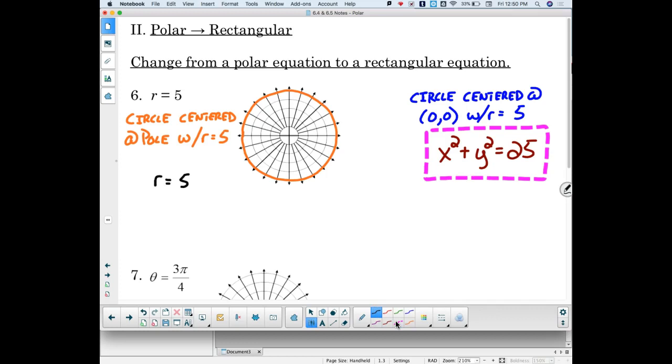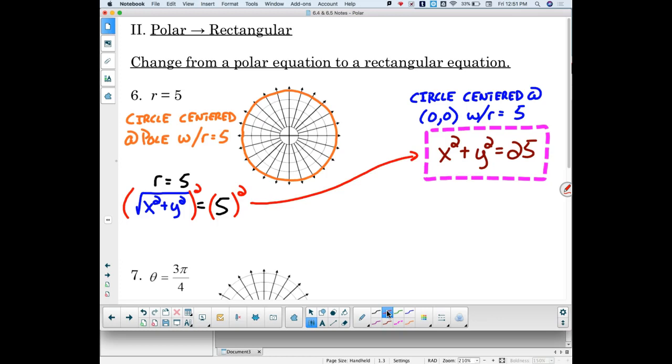In my toolbox, what do I know is equal to r? What is r equal to in my toolbox? Do you like radicals? So how would I get rid of it then? Square both sides, right? So if I square both sides here, what do I get? I get that, right?